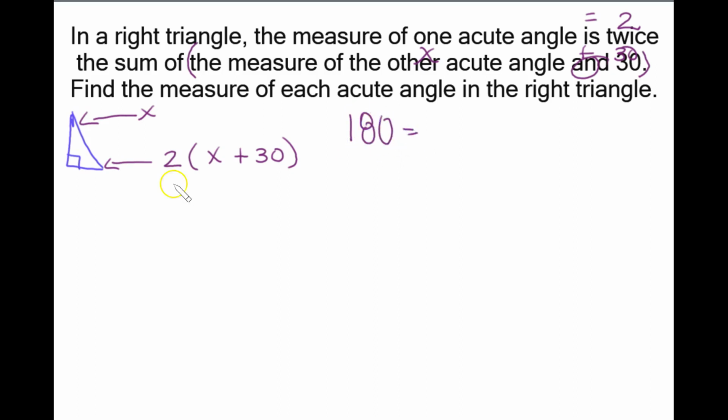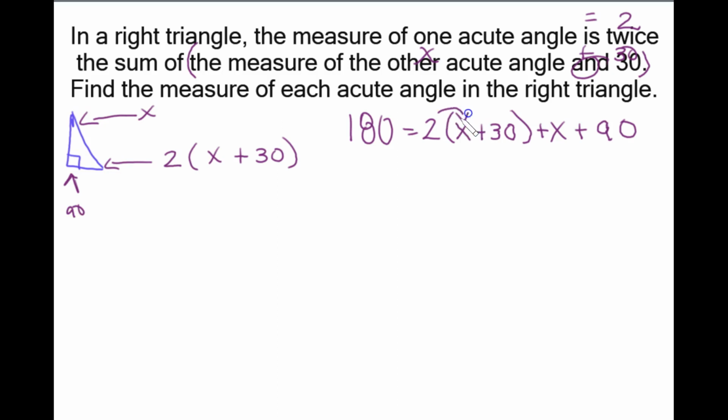And I'm going to plug in our formula that we just wrote for this angle: 2 times the measure of x plus 30, plus our other angle. And I'm also going to include our 90-degree angle, which they've already given us, because they've already let us know that this right here is 90 degrees.